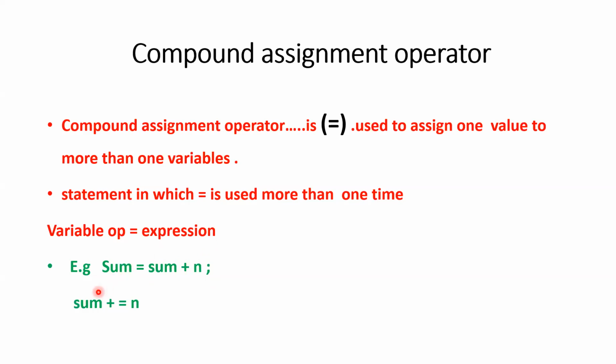Okay? In this way, you can write sum is equal to sum plus n. These expressions you can write as sum plus is equal to n. This is the syntax.